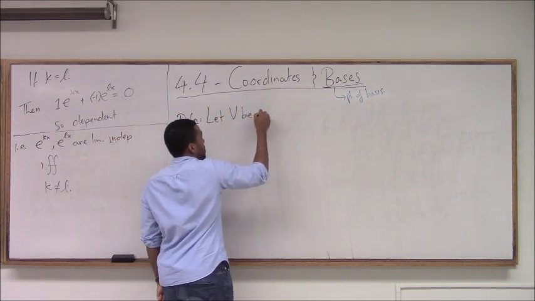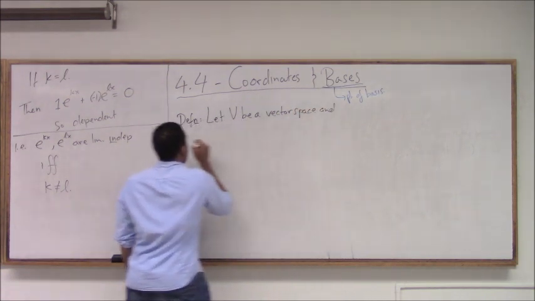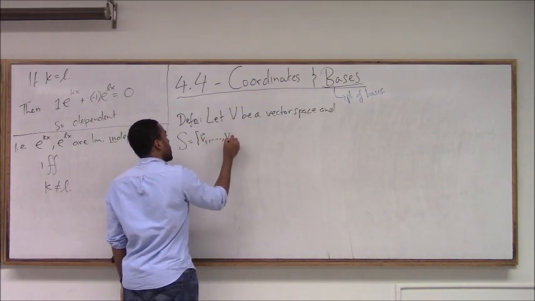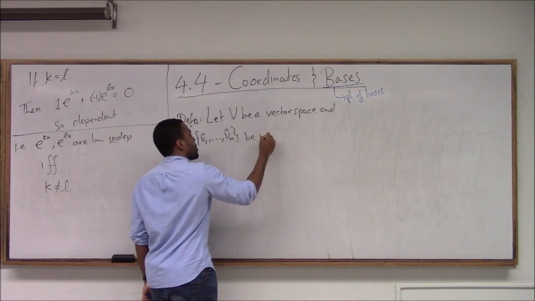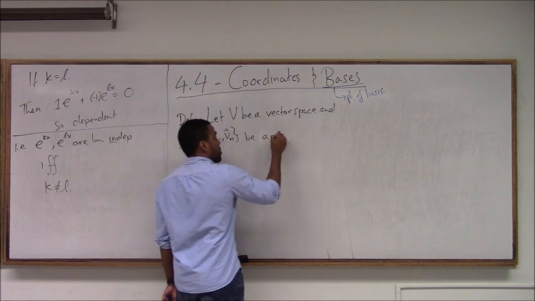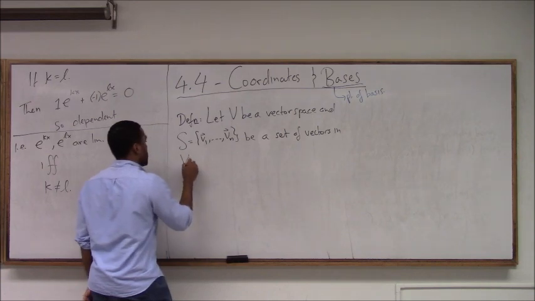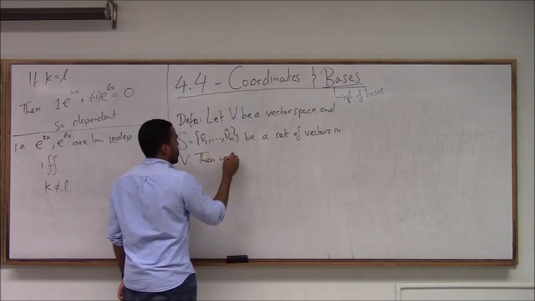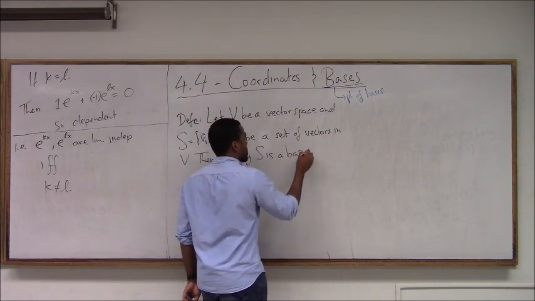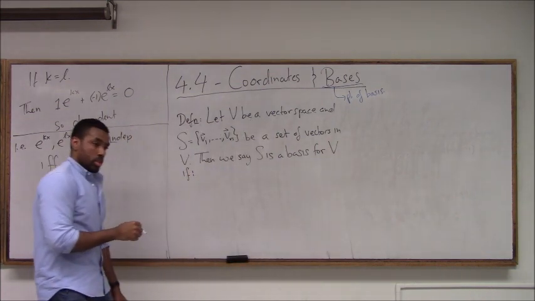Let V be a vector space, and S equals {v1, ..., vn} be a set of vectors. Then we say S is a basis for V if two things hold.